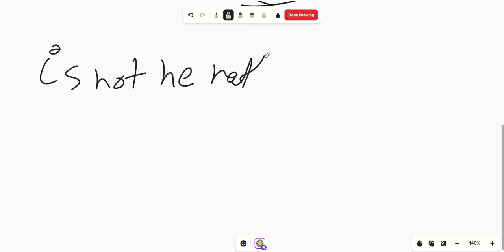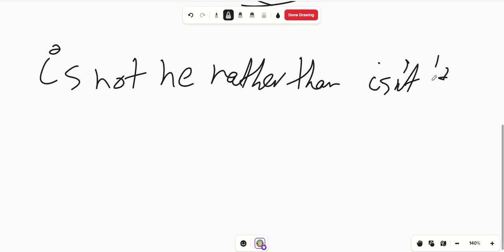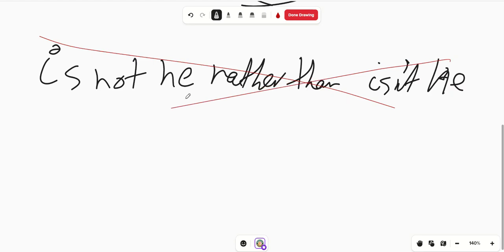In negative tags, the contracted form is normally used. For example, if we say, is not he, rather than isn't he, we've made a mistake. This is completely wrong, okay?